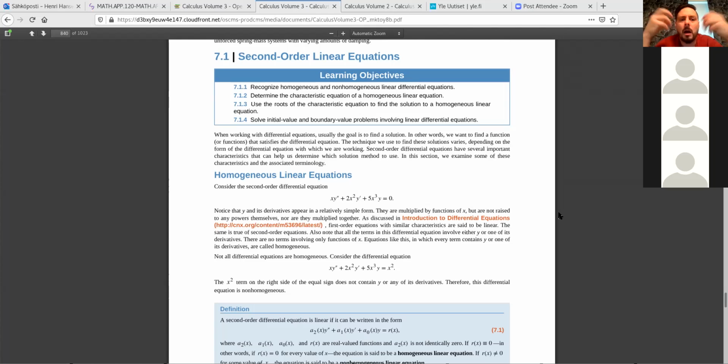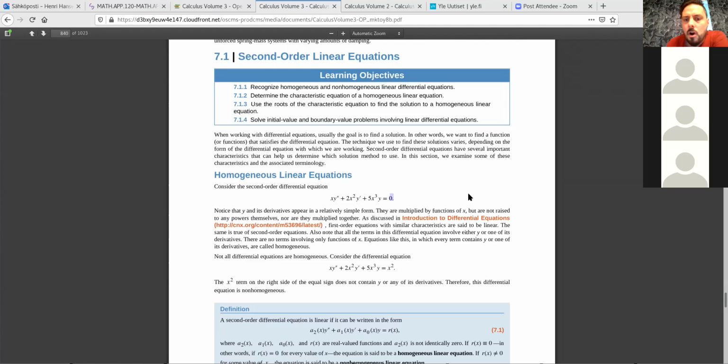Homo means the same, or uniformness. So homogeneous means there is something uniform, undisturbed, or of the same level to it. In this case, it means the only factors that are relevant are those of y, y prime, and y's derivatives.